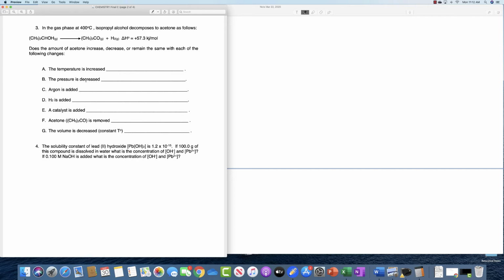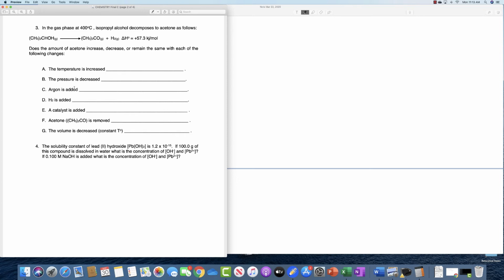If the pressure is decreased, it favors the side with less gas, which is this side over here. So it decreases the amount. It favors the side with the less gas, which is this side right here, and so it would drive the reaction to the left, so it decreases the amount of acetone.